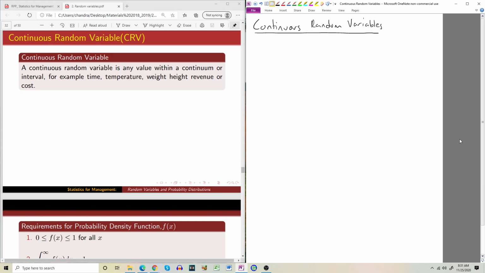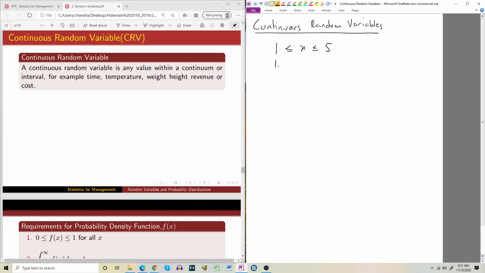Now a continuous random variable is not given by individual numbers. It will be given in intervals. If I ask you what is the continuous random variable from 1 to 5, then it is all the values within 1 to 5. There are infinitely many numbers.